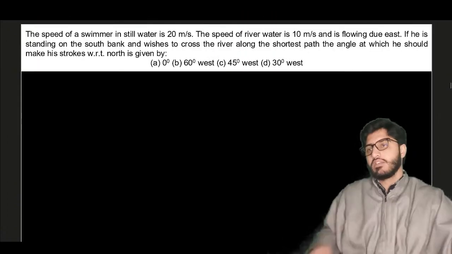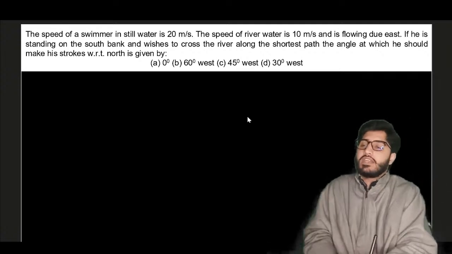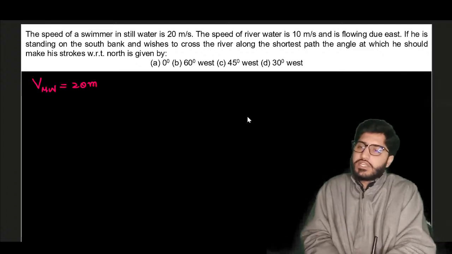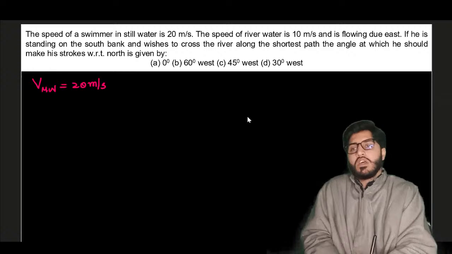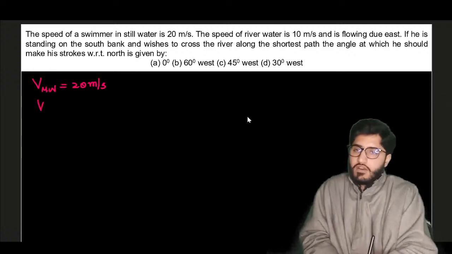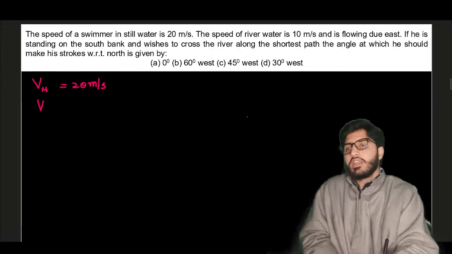Next numerical. The speed of a swimmer in still water. So what I can write? Speed of a man or a swimmer in still water is given to us, 20 meters per second. The speed of a river, I can write here R now, so that I can just relate these things.